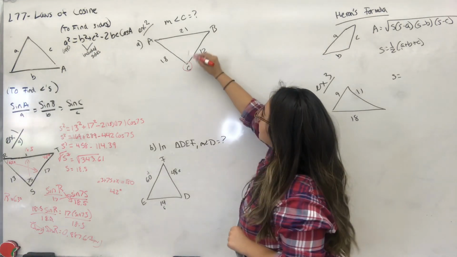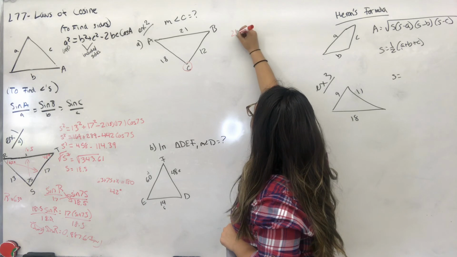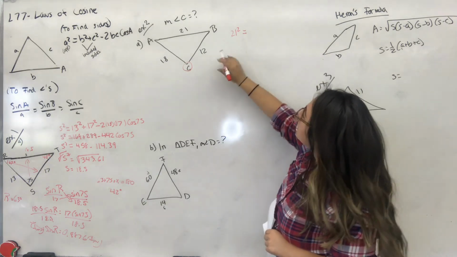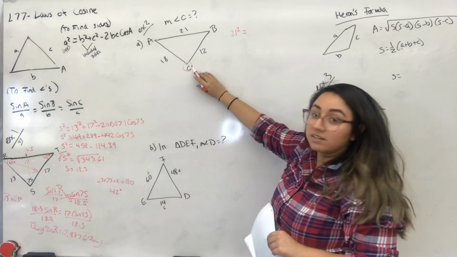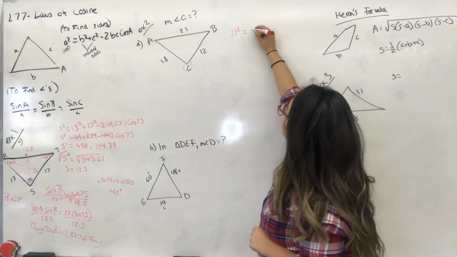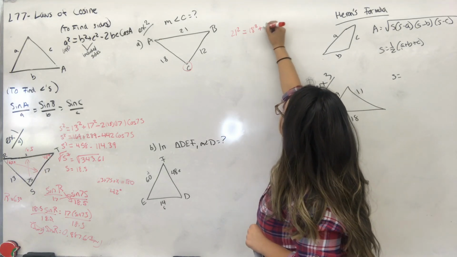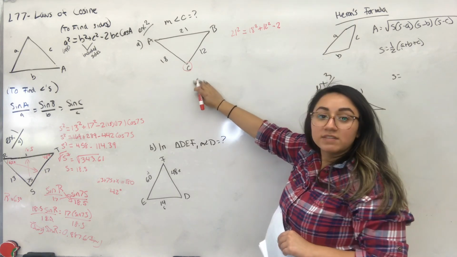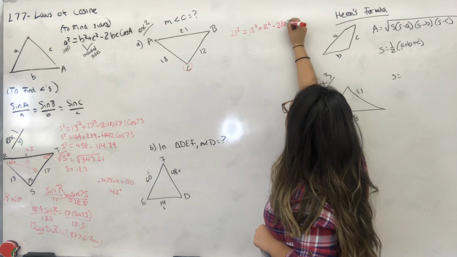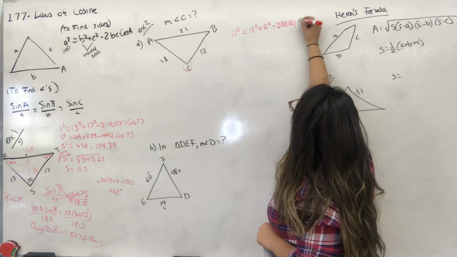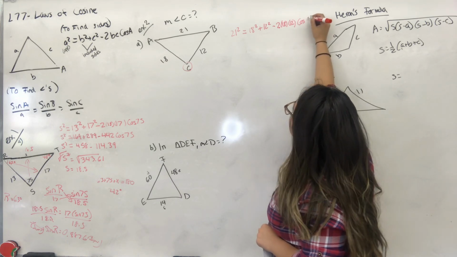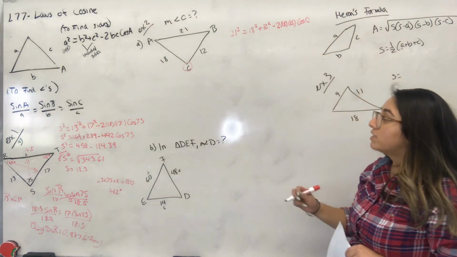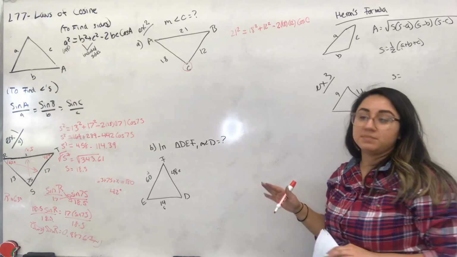So now we know that the opposite side squared, so 21 squared, is equal to the included sides of that angle, 18 squared plus 12 squared, minus 2 times the included sides of that C, which is 18 times 12, times the cosine of the angle, and we don't have anything, that's why I'm just going to put C. So we're going to be focusing on angles whenever you're doing these types of problems.